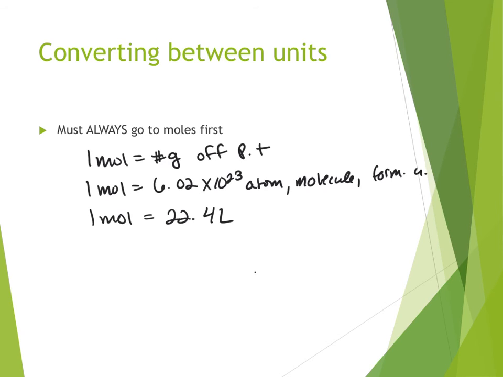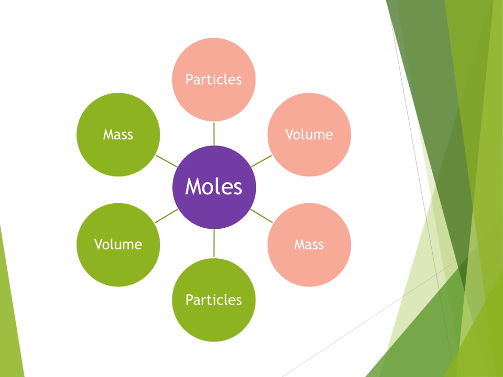And so every single time you're doing one of these conversions, you have to go to mole town first. I can't go directly from how many atoms are in this many grams of iron, because I don't have a road there, right? There's no road there. So I have to follow the road where we go mass to moles to particles. Let's say I wanted to go from atoms to liters.